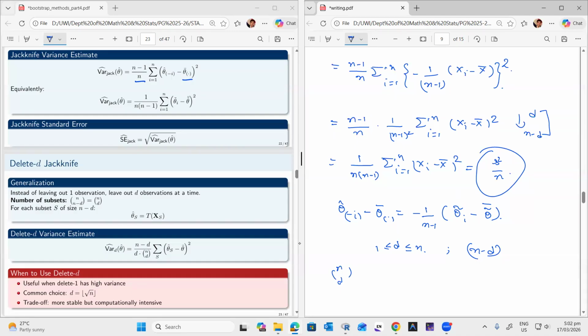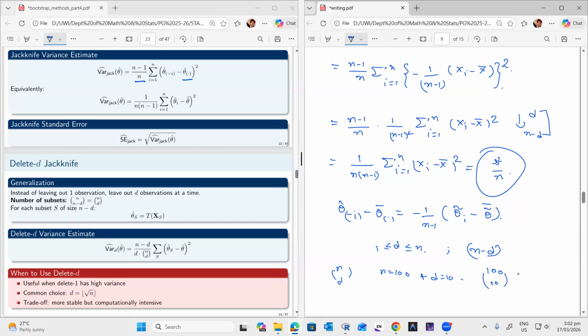This number grows rapidly with d and n. For example, if we have n equals 100 and d equals 10, what will be the number of samples? It will be 100C10.